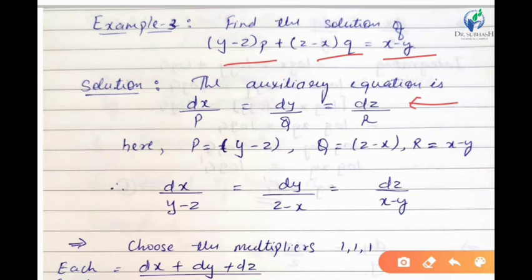Now the coefficient of small p is y minus z, that is our capital P. The coefficient of small q is z minus x, that is our capital Q. And the rest part is R, that is x minus y. We substitute this in the auxiliary equation and we get dx upon y minus z equal to dy upon z minus x equal to dz upon x minus y.